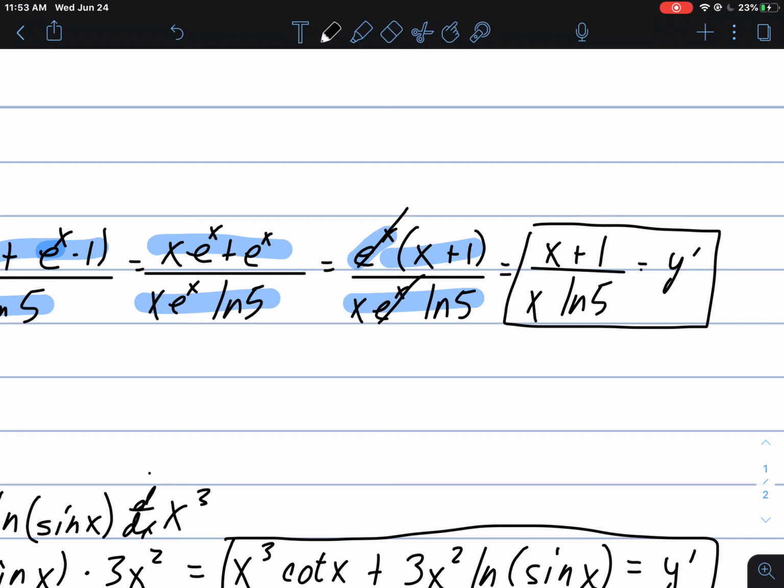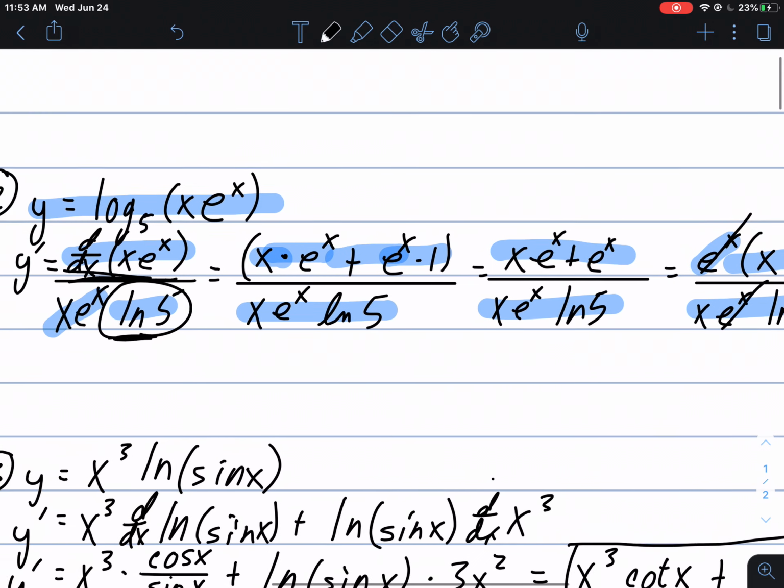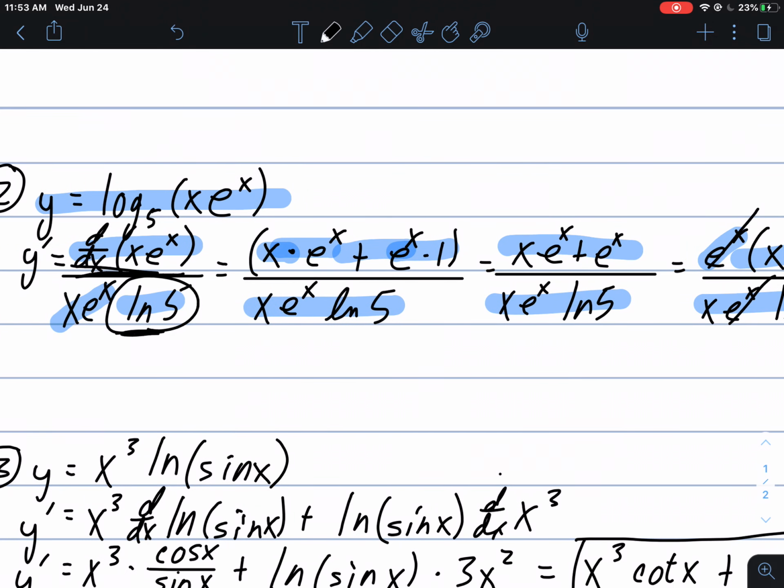Okay? So again, general process, it's chain rule. For a log function, the derivative of the argument divided by the argument, and in the case of a base other than e, I also need the natural log of the base. After that, it's differentiating the argument, whatever is necessary to do, and then we simplify from there.